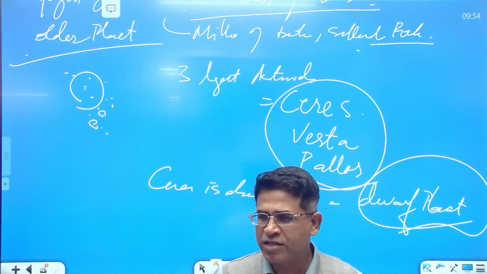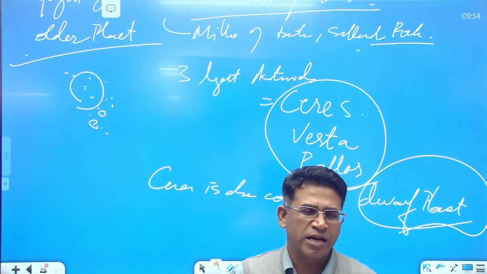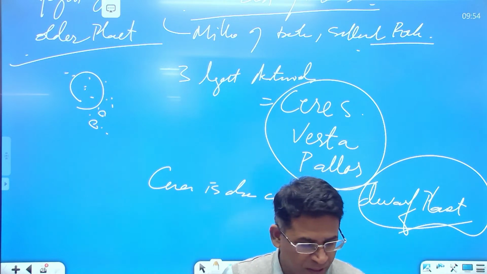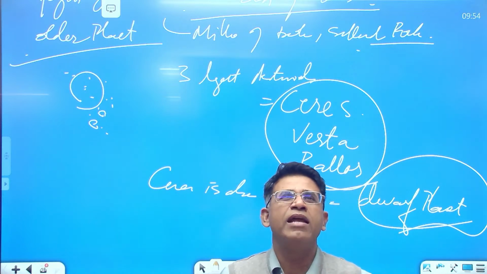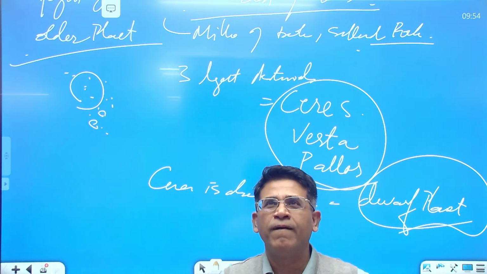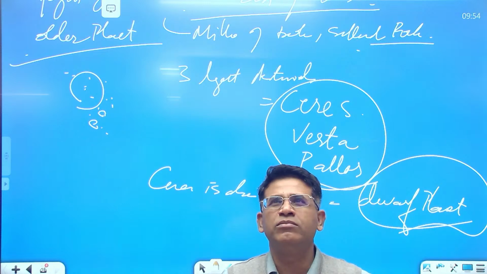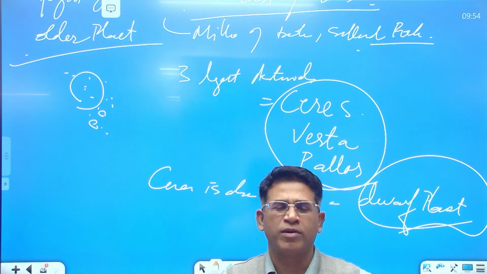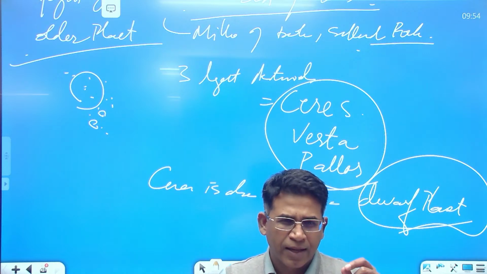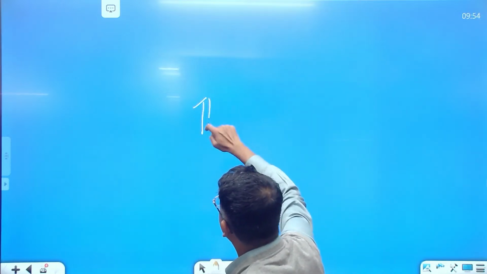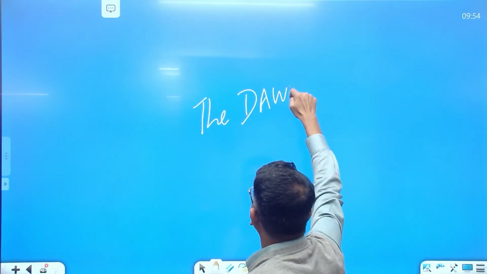The study of asteroids may be an insight into understanding how our solar system was formed. NASA has a mission called the Dawn mission.